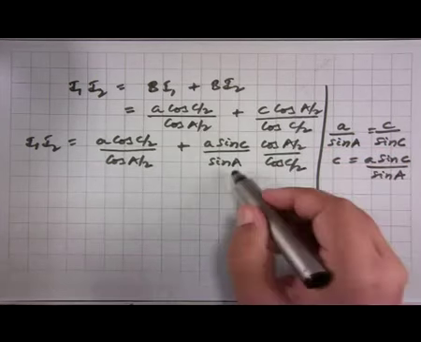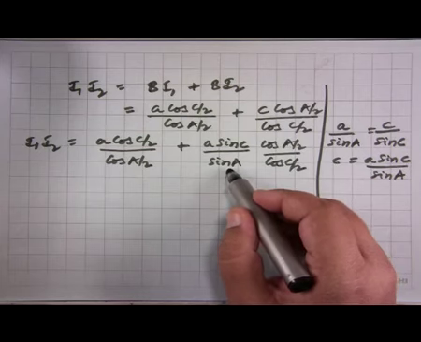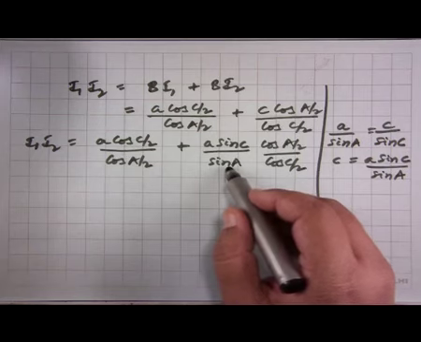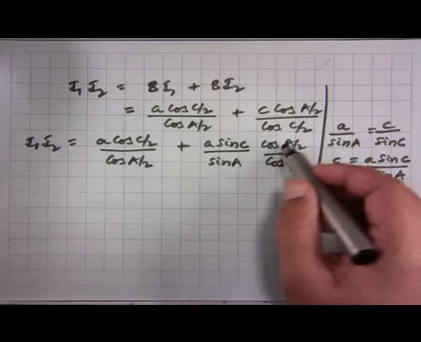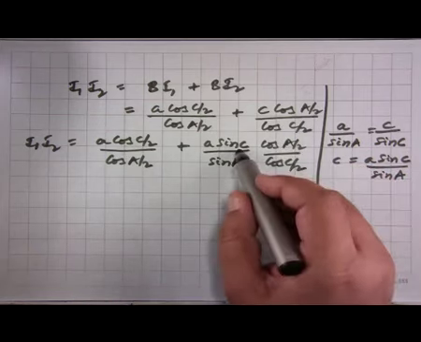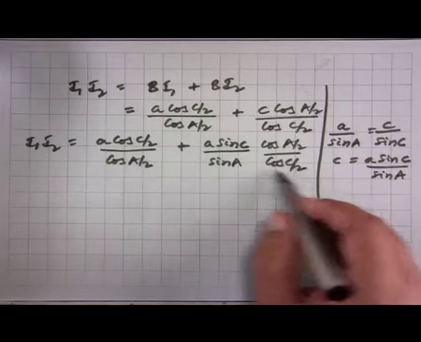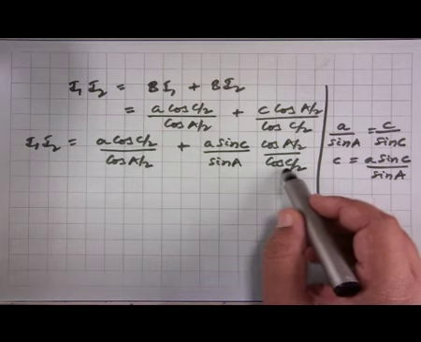But we know that sin A is 2 sin(A/2) cos(A/2), so the cos(A/2) will cancel with this expression here, and similarly we know that sin C is 2 sin(C/2) cos(C/2), so the cos(C/2) gets cancelled with the cos(C/2) in the denominator.